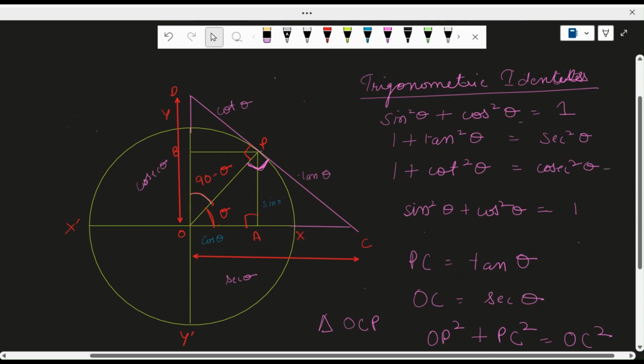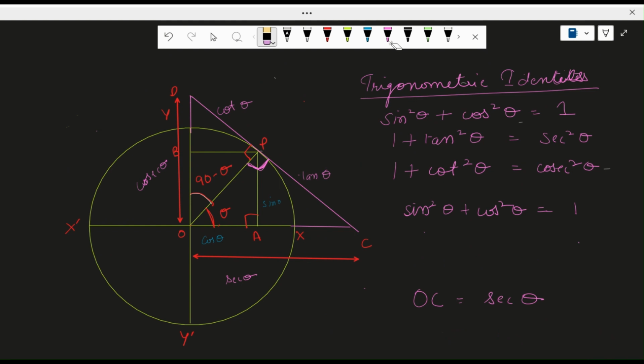Similarly, if we see the other triangle, that is triangle OPD. In a similar way, it is right angled at P, 90 degrees.